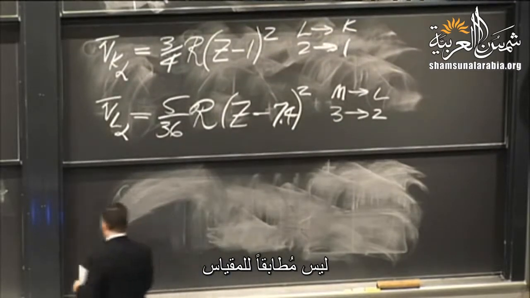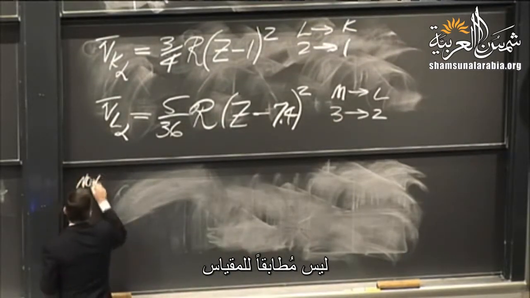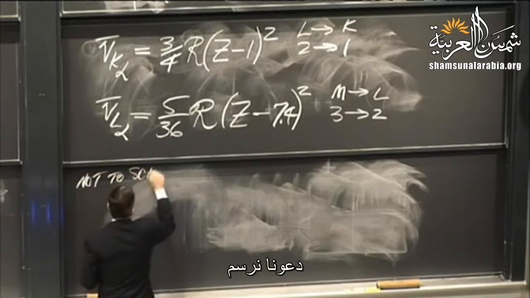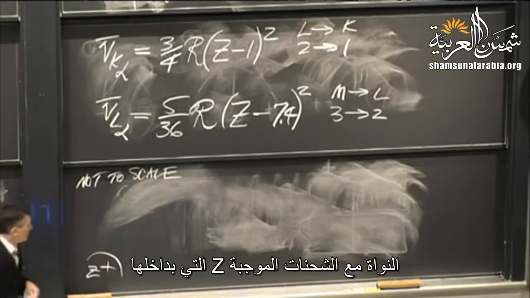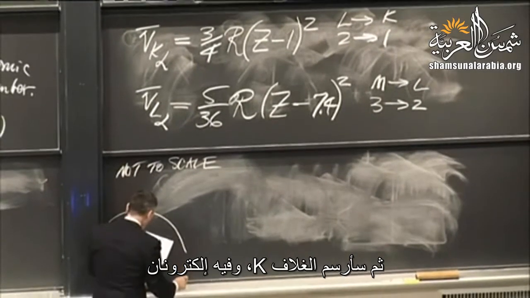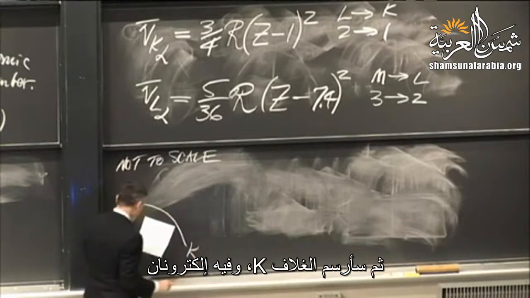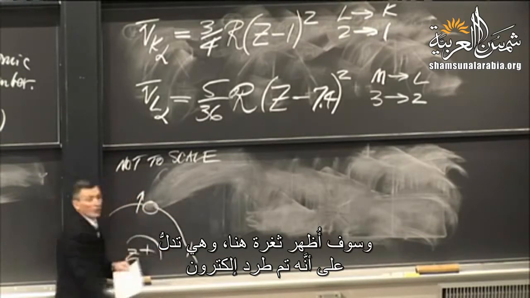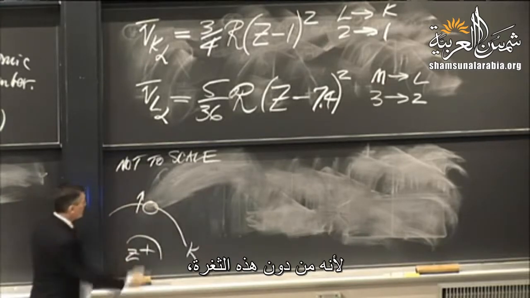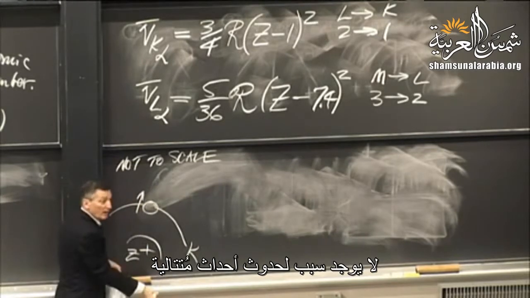So, not to scale. Let's draw. Here's the nucleus with all of its Z positive charges. And then I'm going to draw the K shell, and it's got 2 electrons in it. And I'm going to show there's a hole here, because without this hole, there's no reason for the cascade.